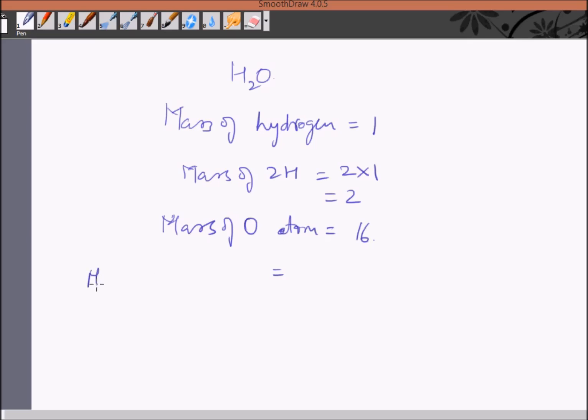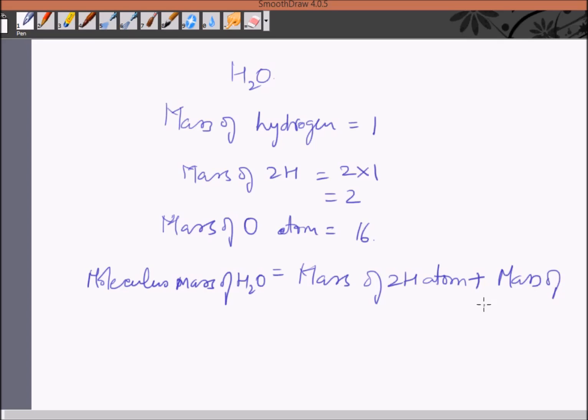So what will be the molecular mass of water? It will be the sum of 2 H atoms plus the mass of 1 oxygen atom, which will come out to be 2 plus 16, 18.